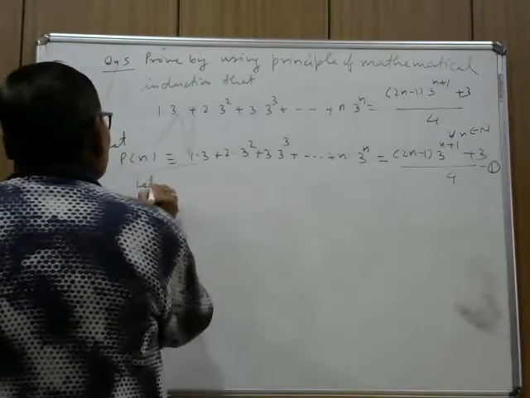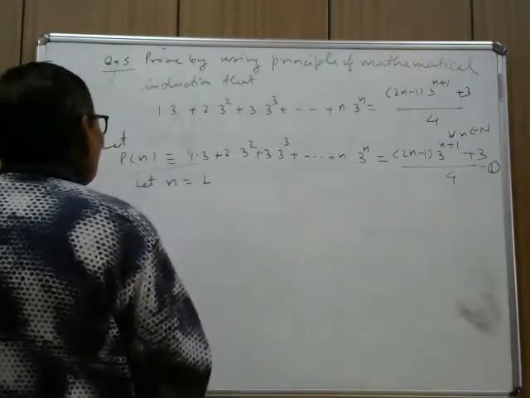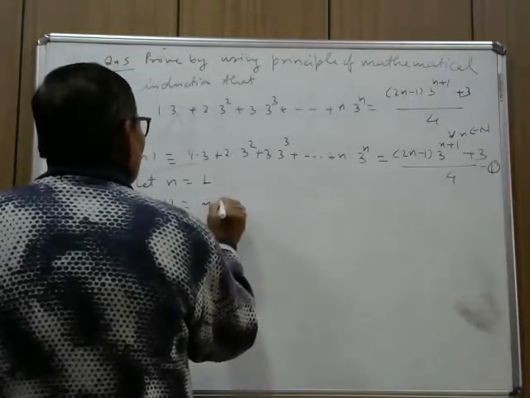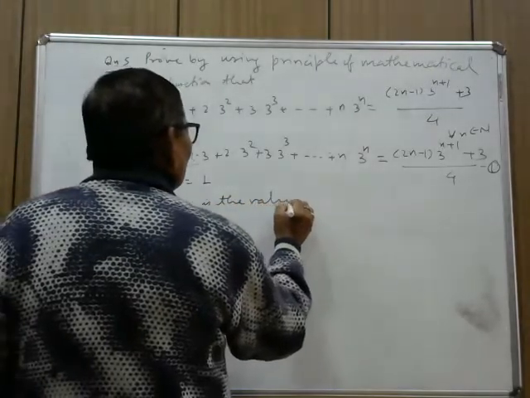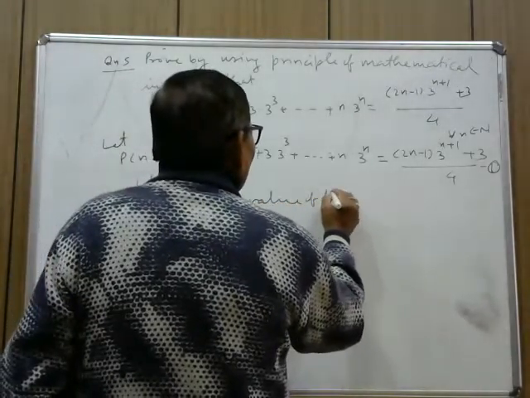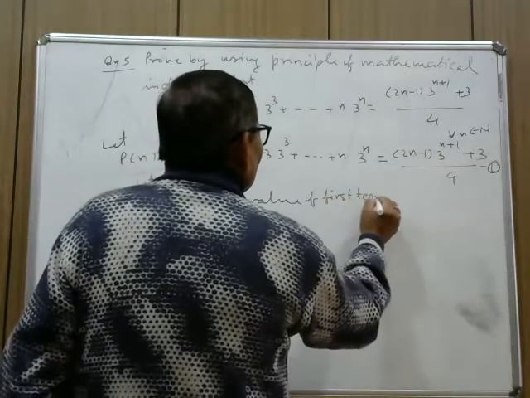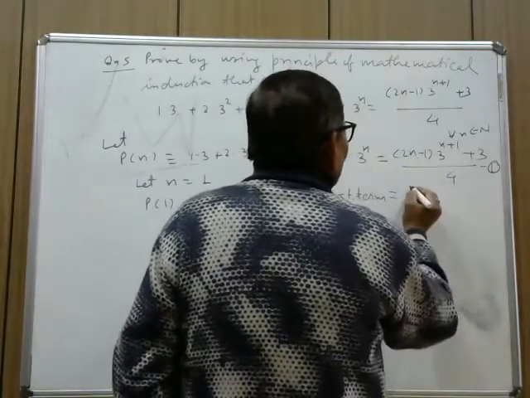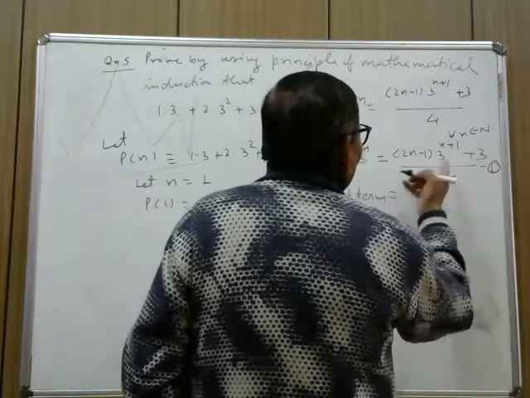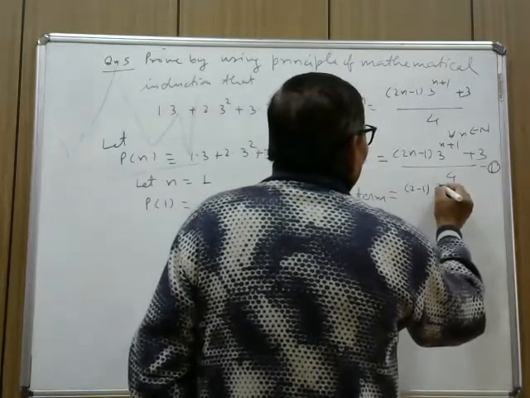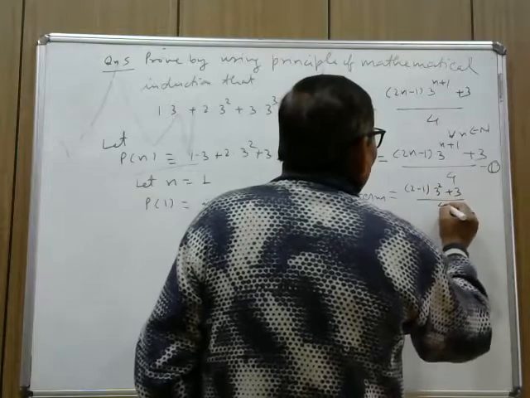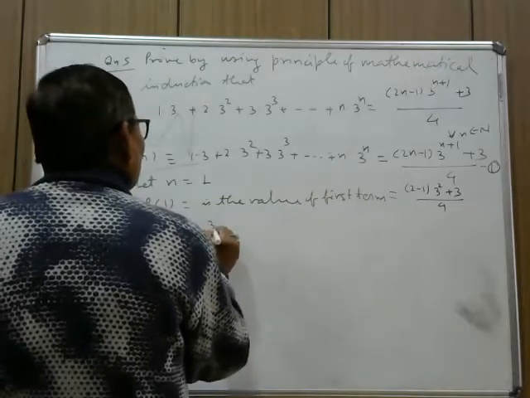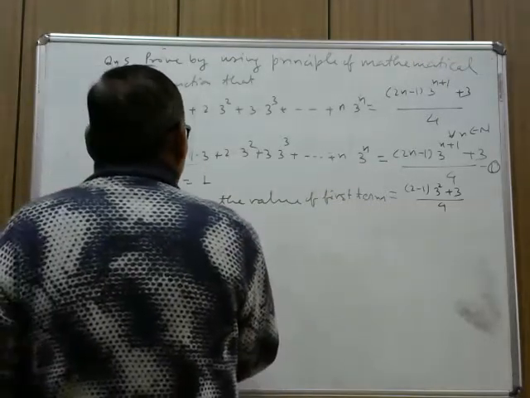Now let n equal to 1. So your P1 is the value of the first term. When you take n equal to 1 here, then it is (2 minus 1) into 3 to the power 2 plus 3 by 4. So your P1 is equal to 3, which is 1 into 3.